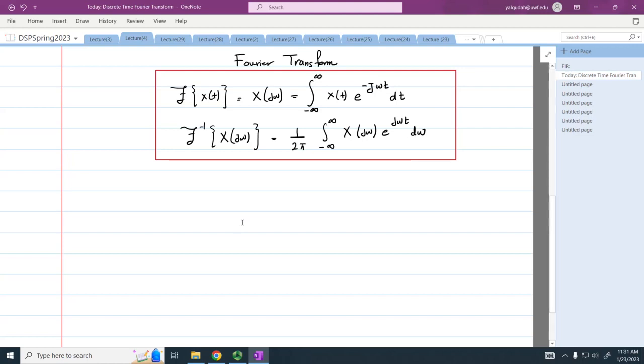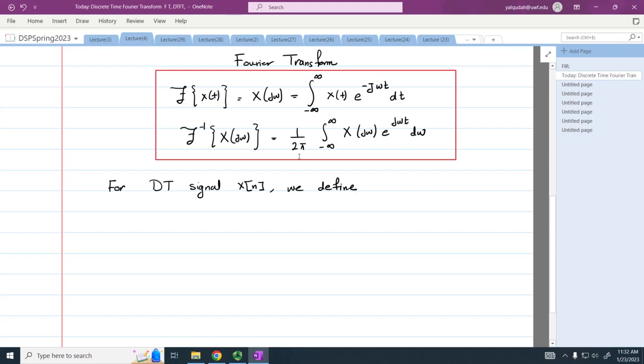Okay. Now, what we want is we're not interested in the continuous time signals, but rather we are interested in discrete time signals. So if I have a discrete time signal x of n, we want to define a transform similar to the continuous time transform. What are we going to call this transform?